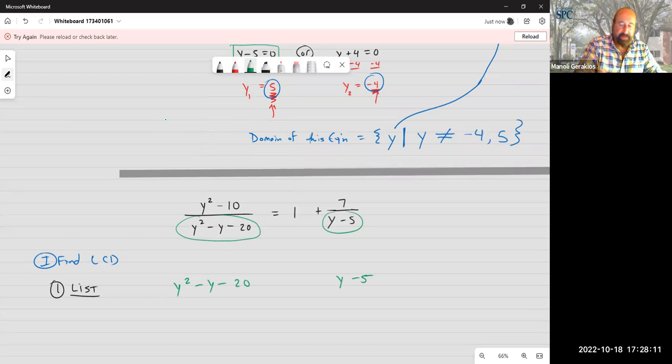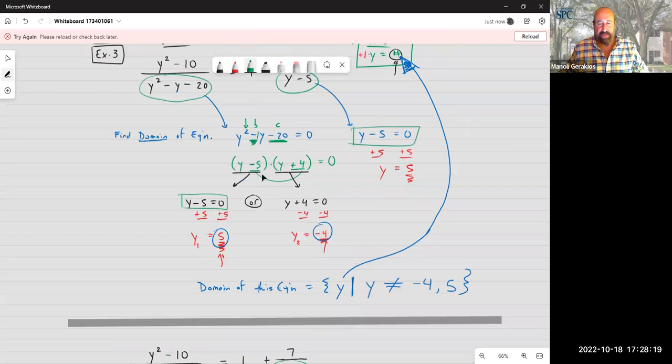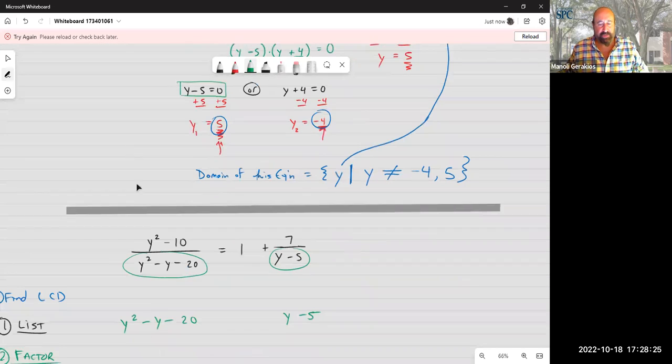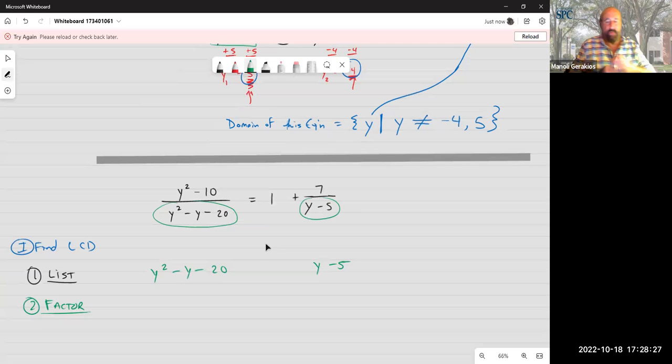There are only two denominators. Then we factor them. You can recycle some of what you've done, since we had to factor to solve the domain issue. It's y minus 5 times y plus 4.